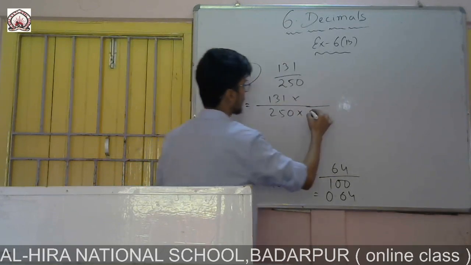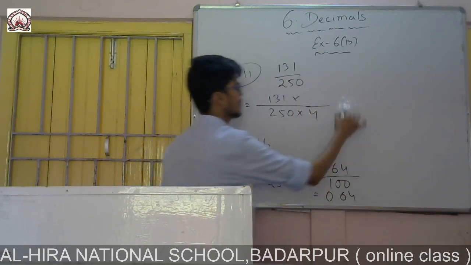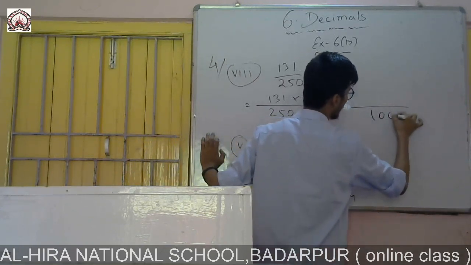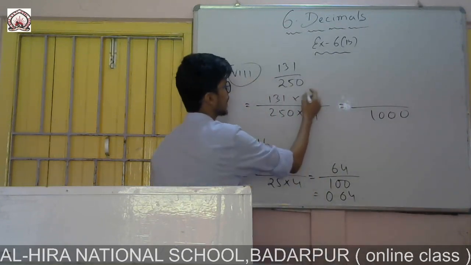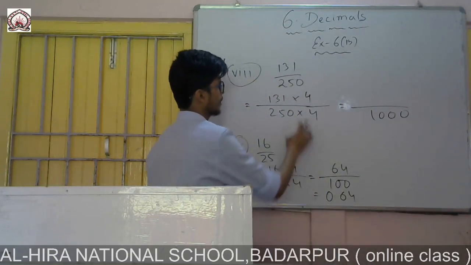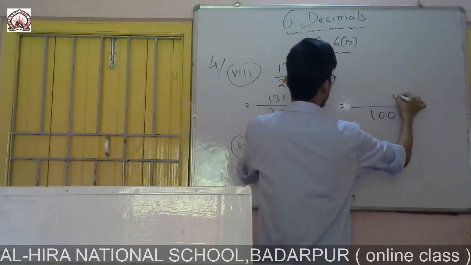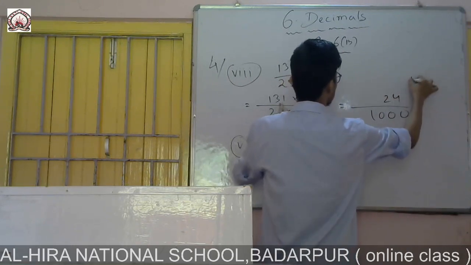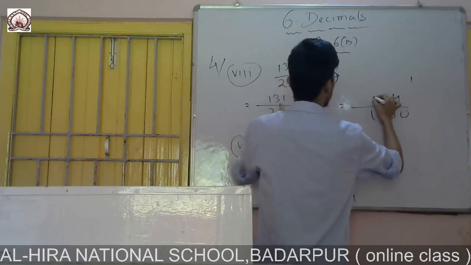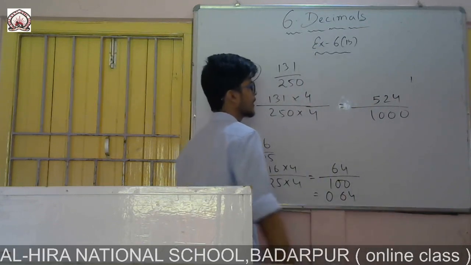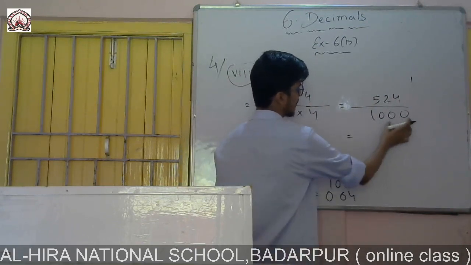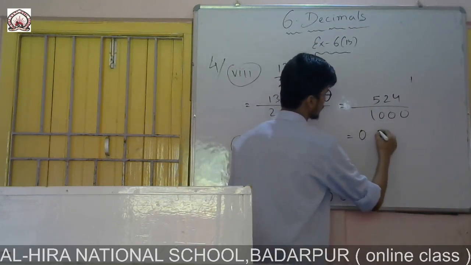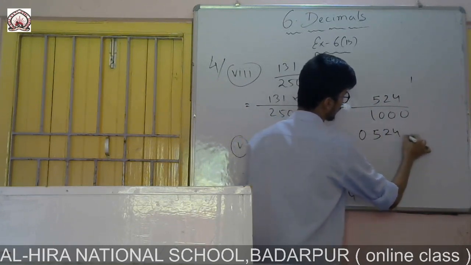So if I multiply 250 4 times, I will get 1000. So there also I have to multiply by 4. 4 1s are 4, 4 3s are 12, 2 and 1 in my hand, 4 1s are 4 and 1 is 5. It is 524 by 1000. I can write it in decimal form as 0.524.